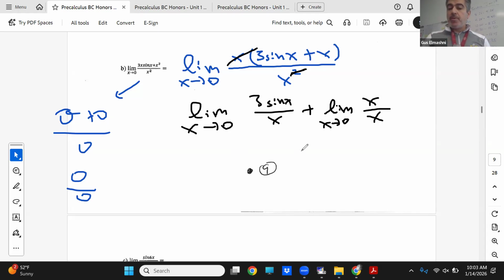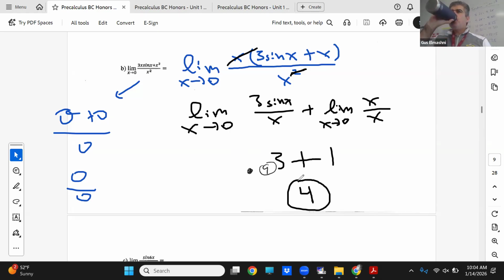What are each of these individual limits? 3 plus 1, which of course is 4. There you go. If you change the original, you have to separate it like this. You do. Yes, you do, because you're using the property.